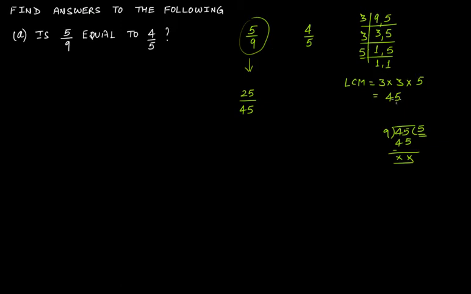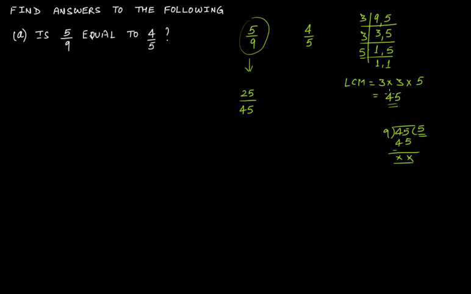The purpose of finding the LCM, I'll repeat again: in order to compare, if your fractions are unlike, you always take the LCM of the denominators. Once you get the LCM, then you have to find an equivalent fraction having its denominator equal to the LCM.